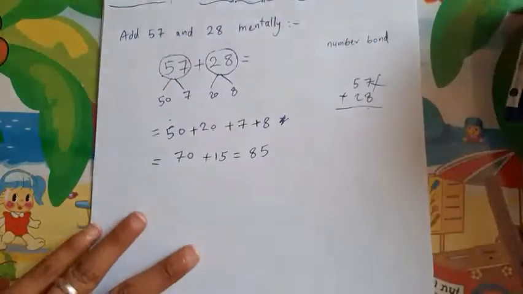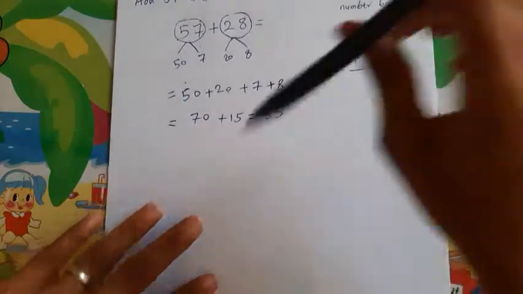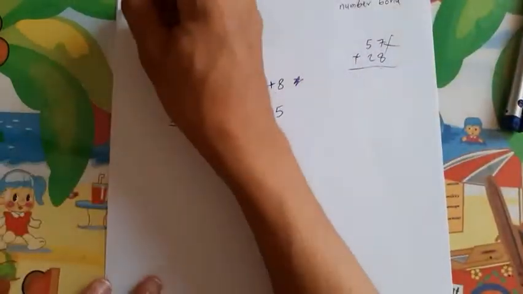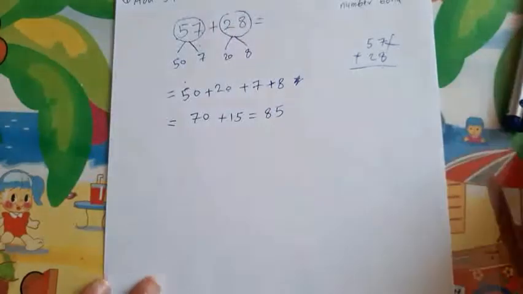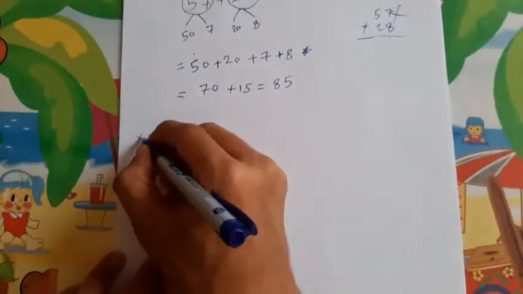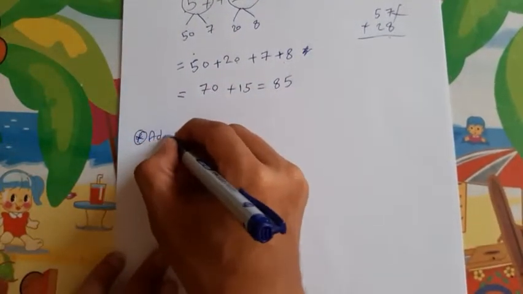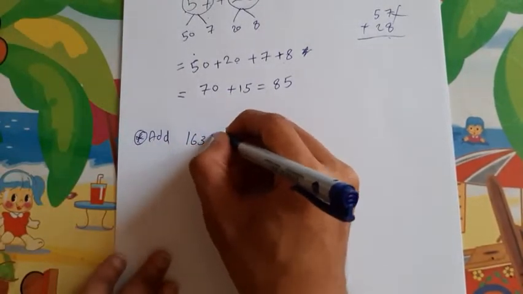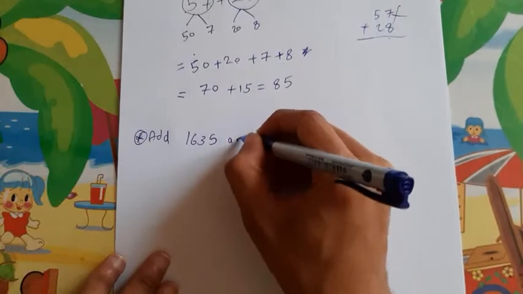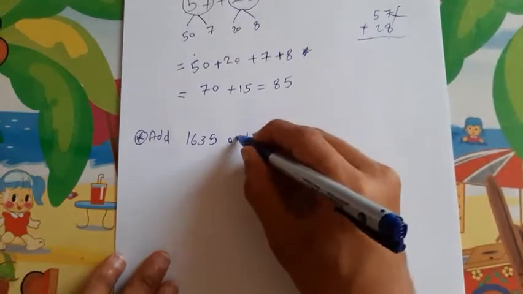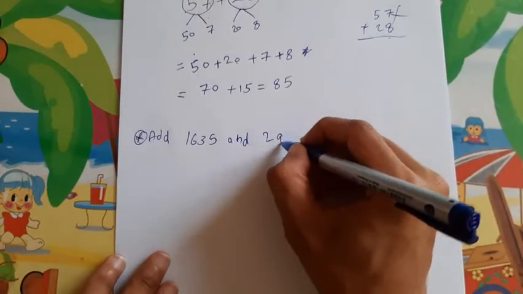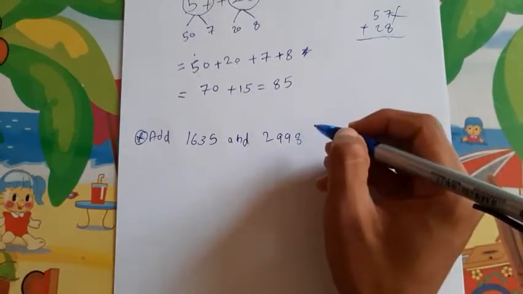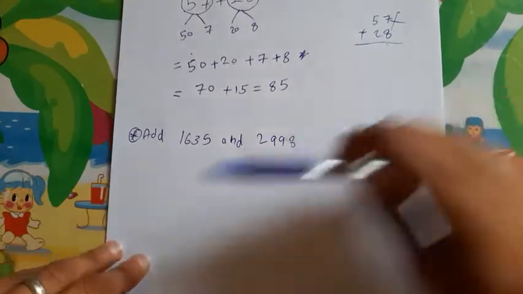Alright, now another example about adding mentally. But this time, we're going to use another way to add mentally. Add 1635 and 2998.